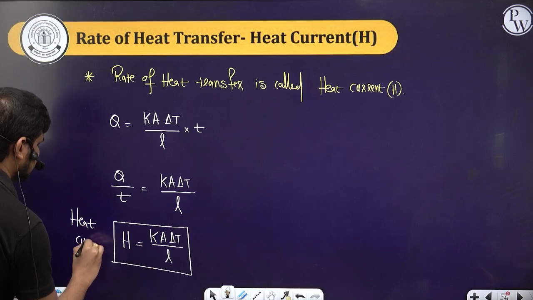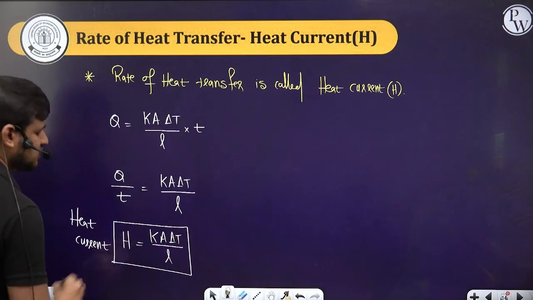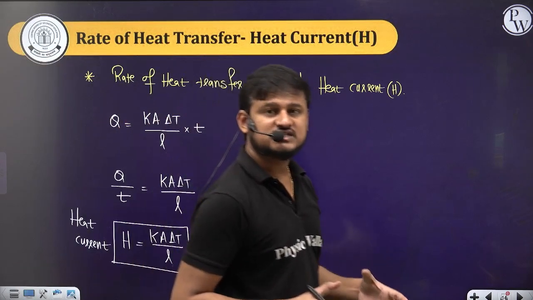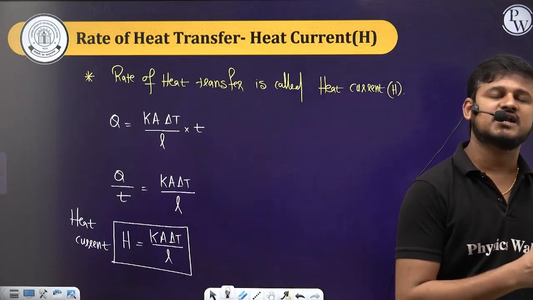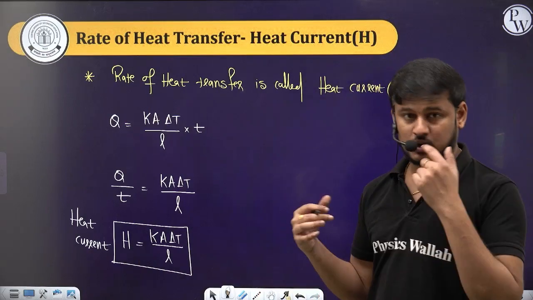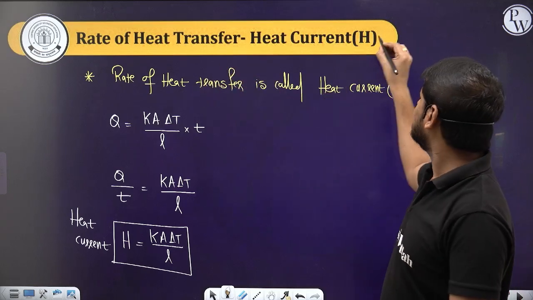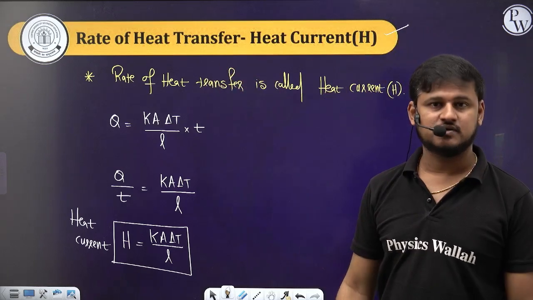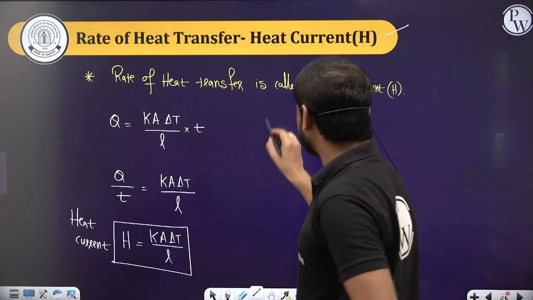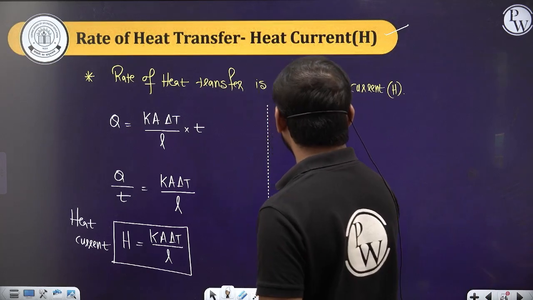Whenever there is a temperature change, heat transfers from one end to another, and whenever there is a rate of heat transfer, a heat current develops. Now what are the units of heat current?